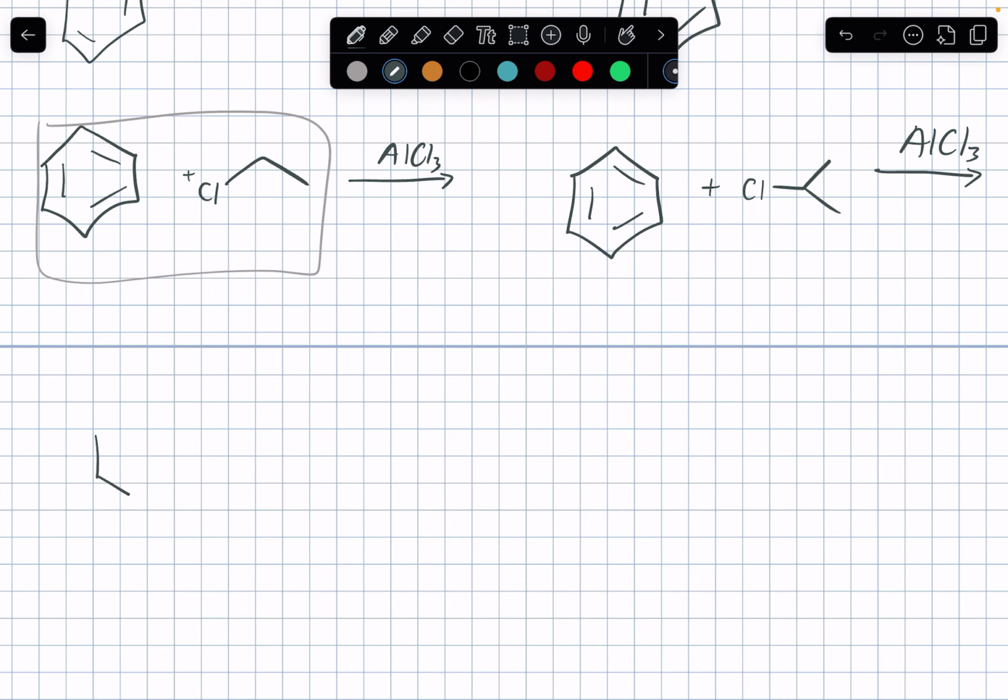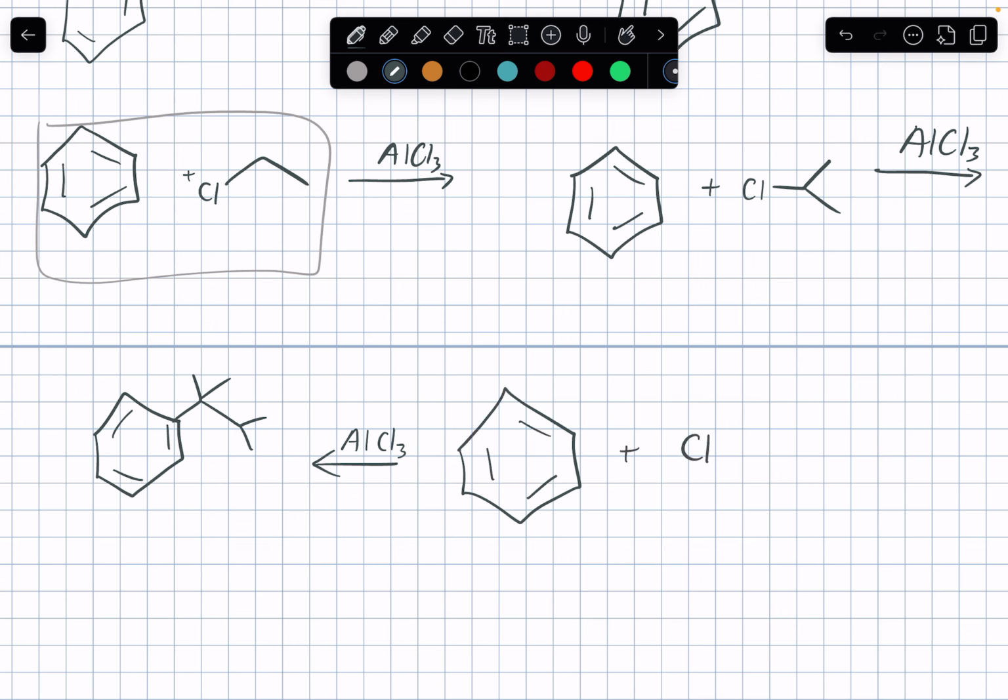How about a few more examples? So, what would be the starting reagents for this kind of product? Again, start with your good old benzene, Cl, and then basically redraw that. Okay, I think that's good.